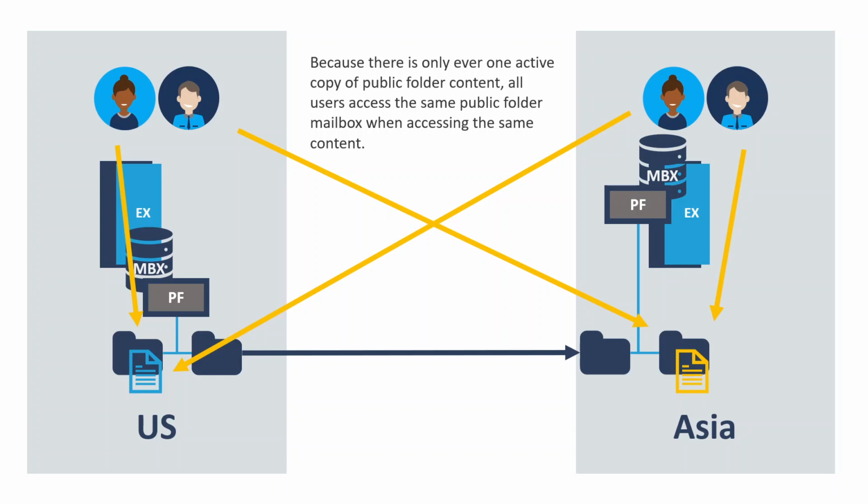This is a big difference from the way that replication occurs in a legacy public folder environment, and therefore it becomes more important to make sure that content specific to remote sites, if access to various sites is done across slow links, for example, is placed closer to the users accessing that data more readily.